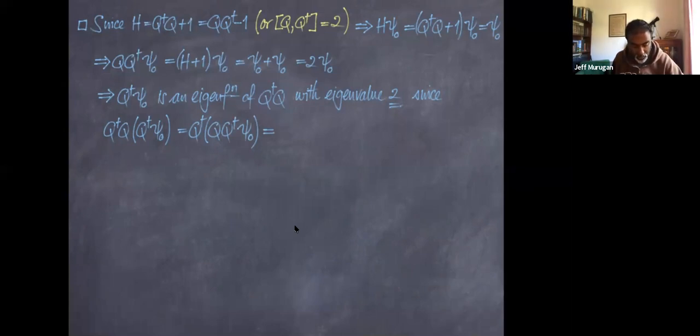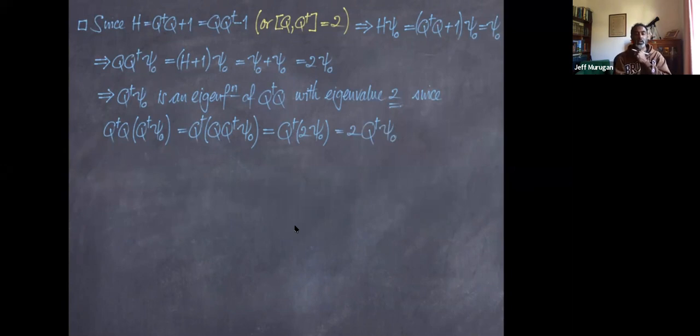Q dagger acting on psi naught, we just decided, was 2 psi naught. So that's just 2 Q dagger psi naught.